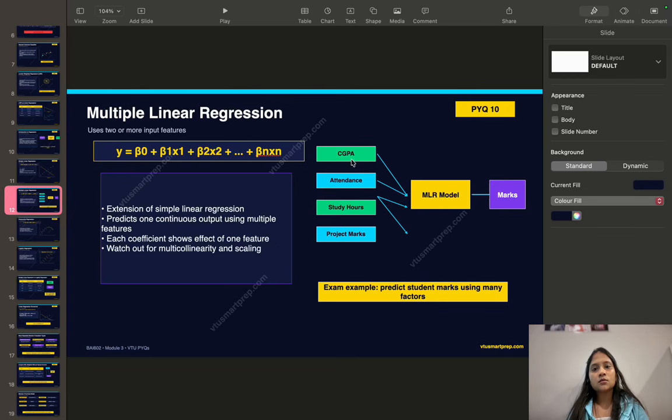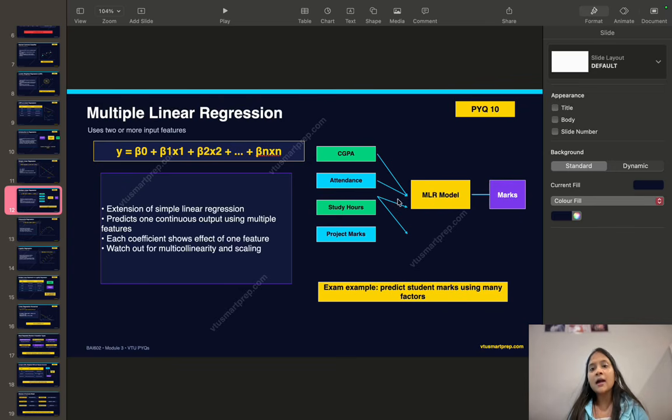See here, you have CGPA, attendance, study hours, and project marks data, which is going to go to this model.